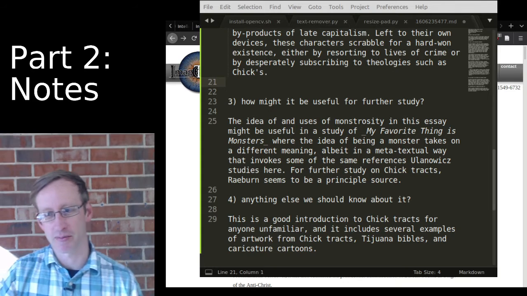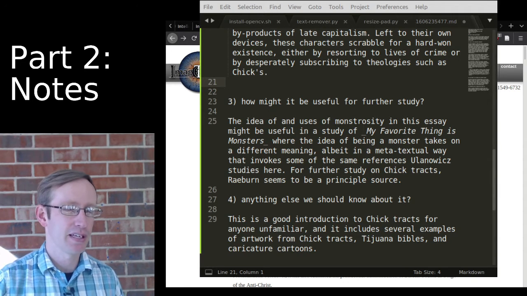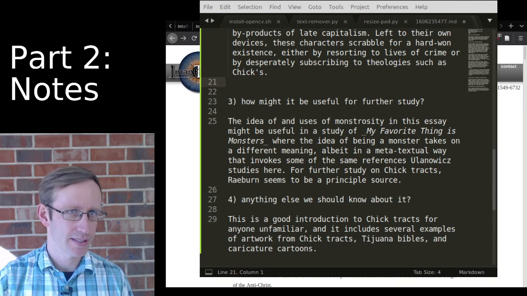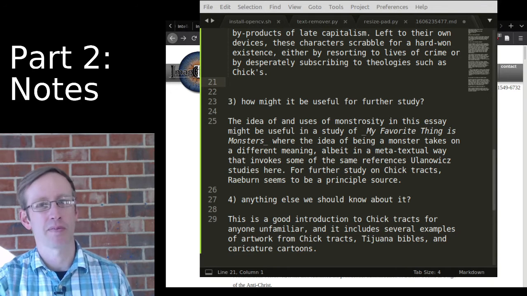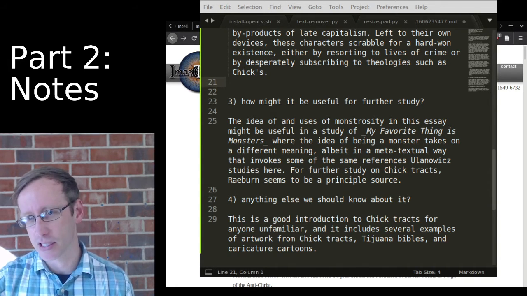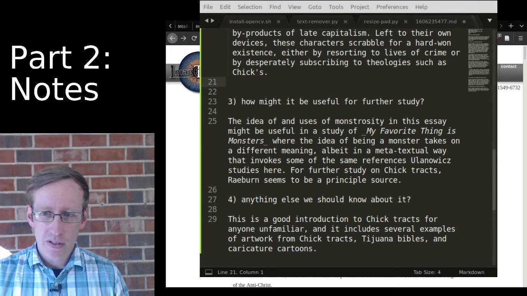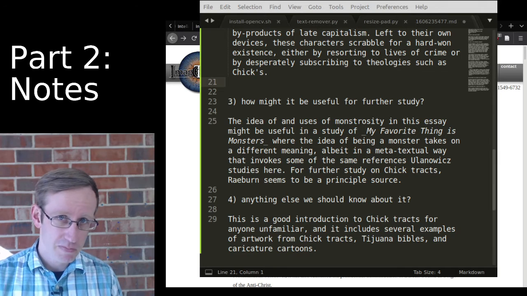I'm not even going to talk about some of the examples, but it's a good study because it doesn't give in to the sensationalizing of those, because those are, of course, interesting and problematic, but really getting to the heart of it, it's better to look at more commonplace, more typical Chick tracts, as Anastasia Milanovic does here. So these are the notes, and hopefully that's helpful.